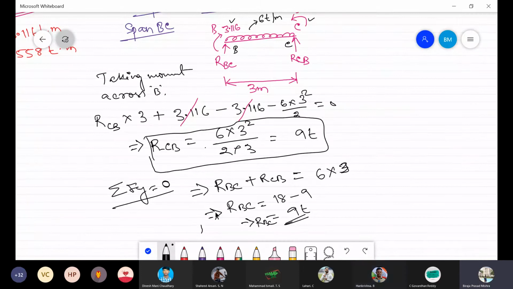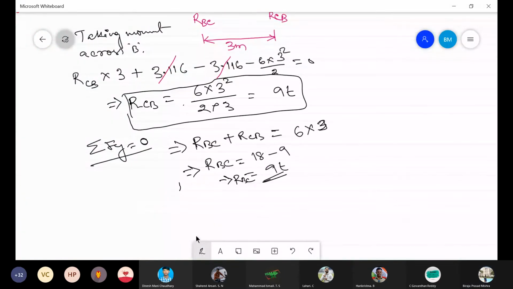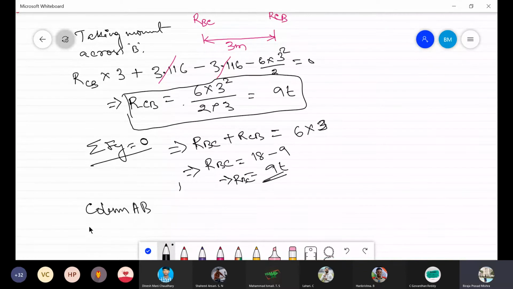So now let us take the column AB. If we take the column AB, it is like this, and here we will have a horizontal force HA, and here one resisting force, and here already the moment is 3.116, and here the moment is 1.558.